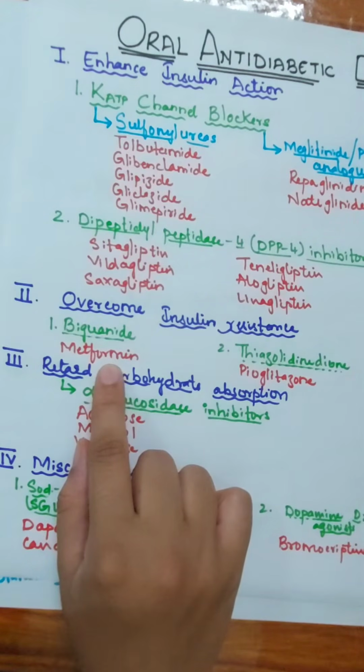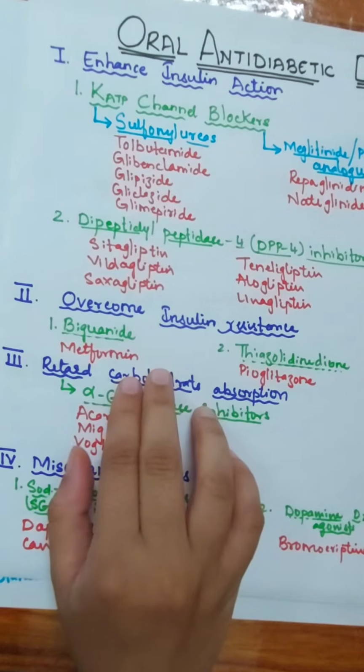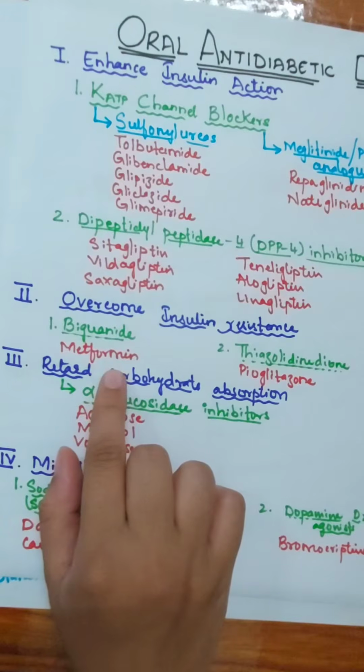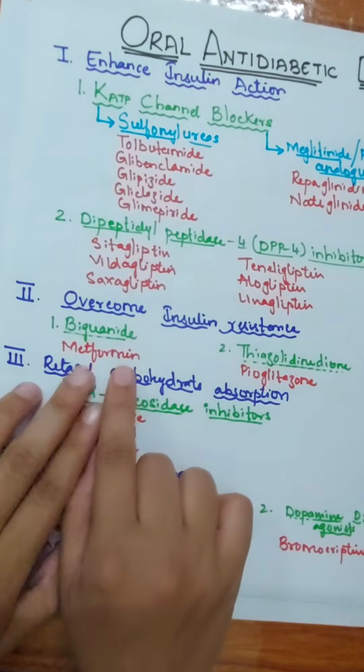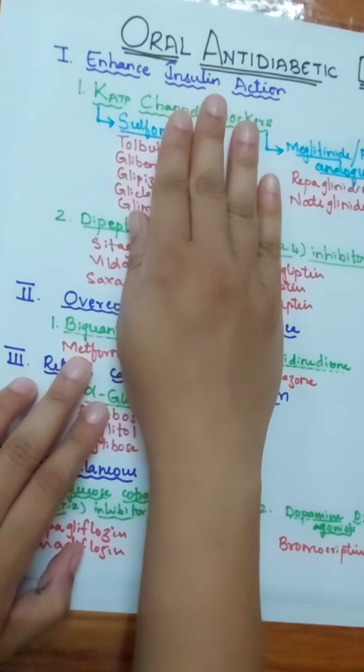Previously we had one more drug in this class, that is phenformin, but phenformin is not being used, it has been withdrawn because of the side effect that it causes a risk of lactic acidosis. So now only metformin is used, and this metformin is totally different from the first class of drug.